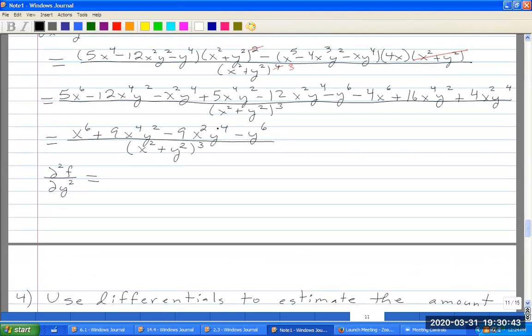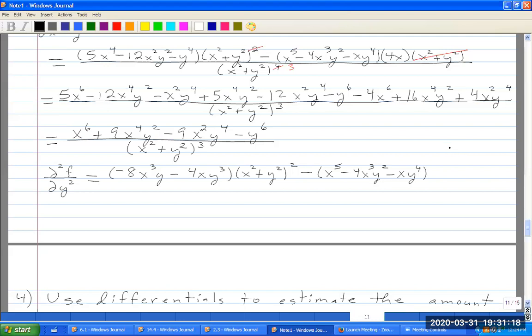And so the partial of the numerator, minus 8x^3y minus 4xy^3, times (x^2 + y^2) squared, minus that was the 5, x^5 minus 4x^3y^2 minus xy^4, times the derivative of the denominator.